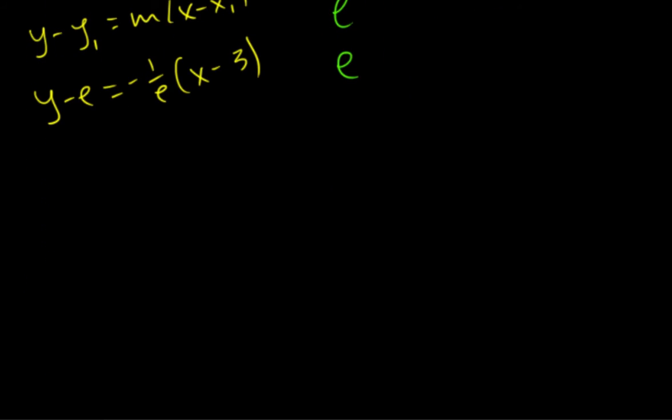I'm going to turn it into y equals mx plus b, or slope-intercept form. And to do that, we distribute. So we get negative 1 over e x plus 3 over e, like that. And then we add e to both sides.